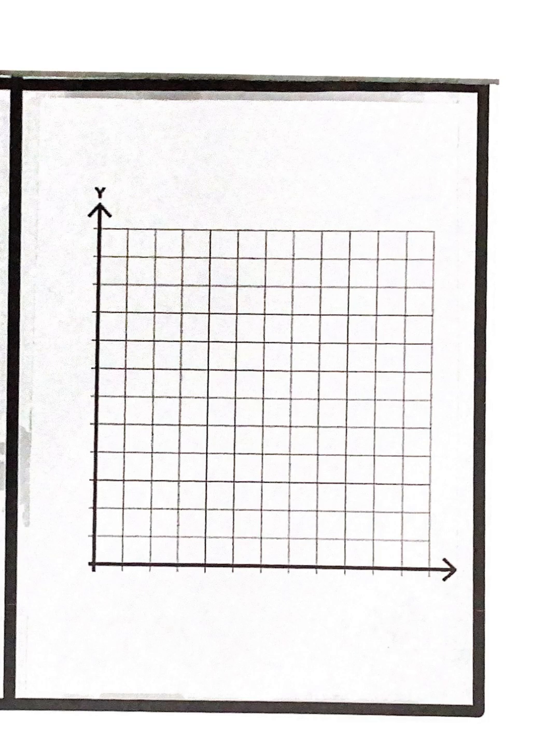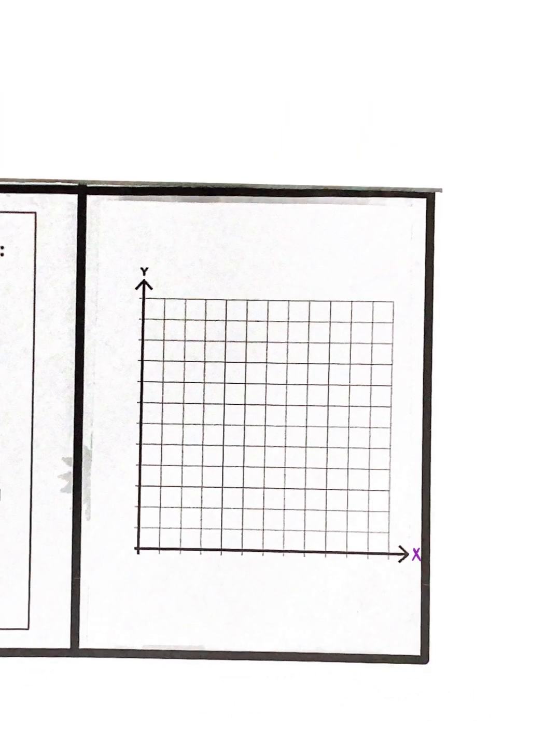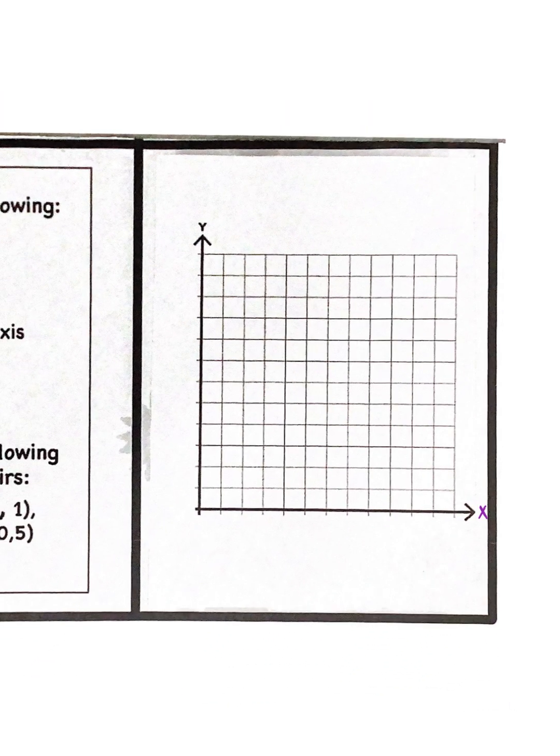Okay, so the first thing I want to do is label my X-axis down here. Then I want to label my origin, which is the point where they meet, yep, right here. What is it?